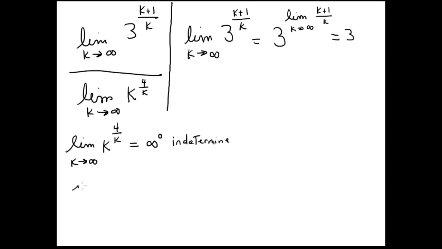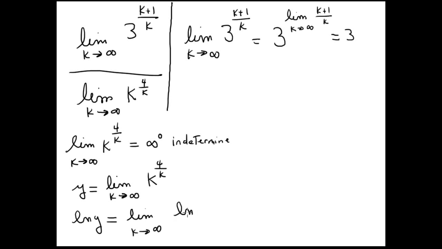So you call it y, and apply the natural logarithm on both sides inside the limit, and the 4 over k power goes to the front as a factor to the logarithm of k. Now you evaluate: logarithm of infinity is infinity over infinity, and 4 is just a number, right? And this is ready to apply L'Hopital's rule.